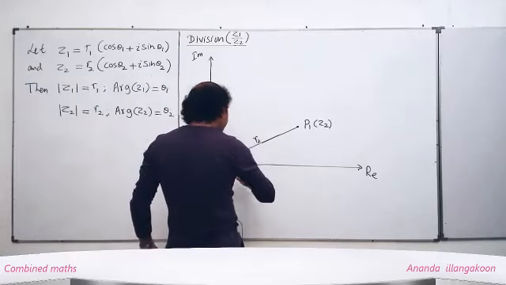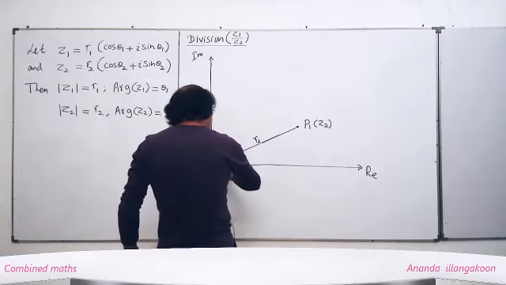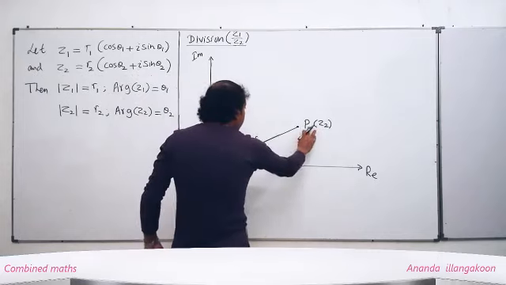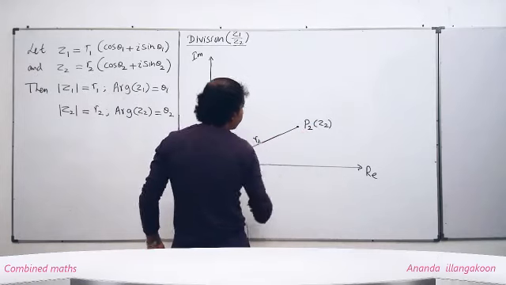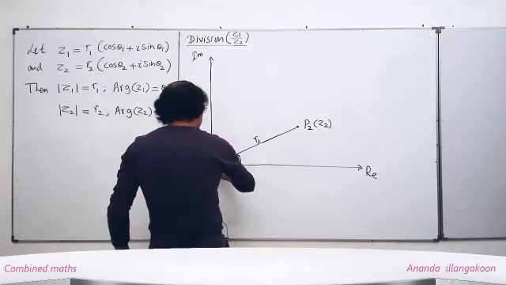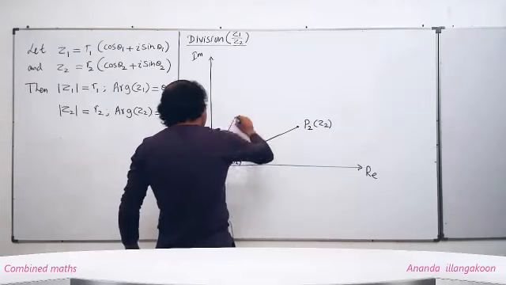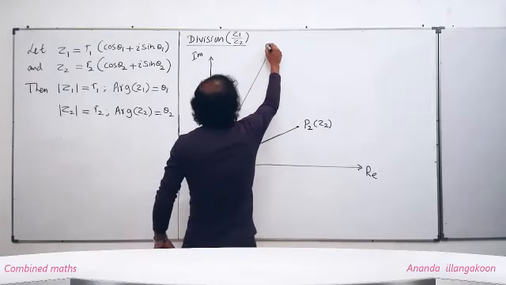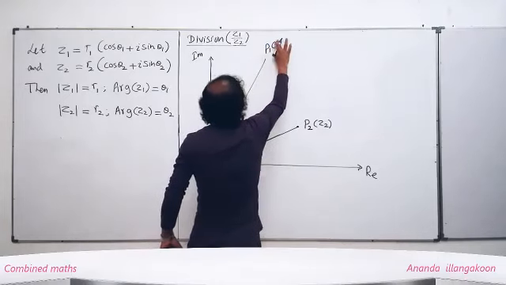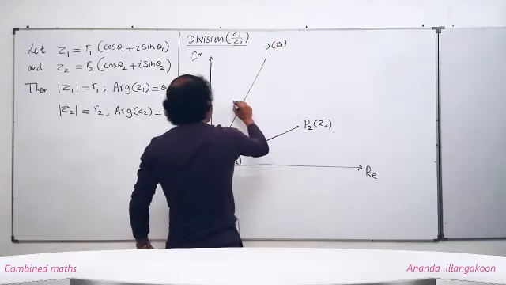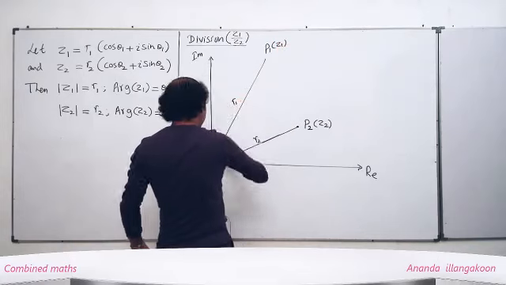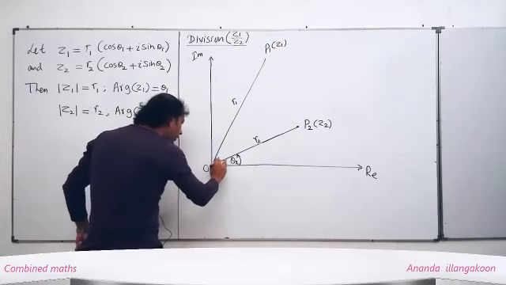Now P2 here, P1 here, complex number Z1. This length R1, this angle theta 1.